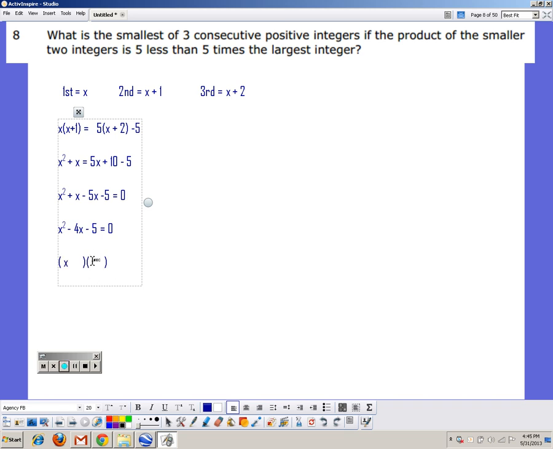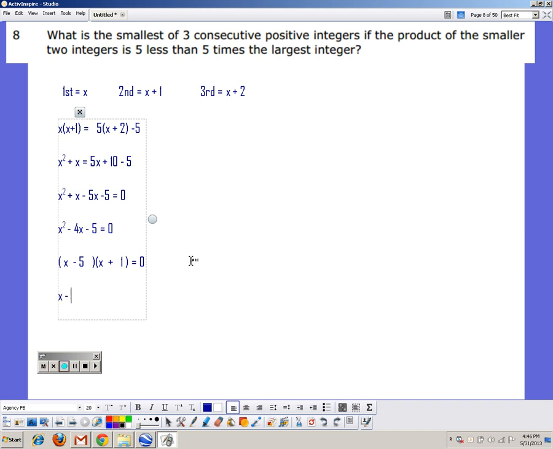So I break down the x squared, x times x. Now again, my last sign is negative, so I know one's negative and one is positive. The only numbers in the world that can multiply to give me 5 is 5 and 1. Since the 4 is negative, I'm going to make the 5 negative and the 1 positive. And don't forget to write down equal 0.